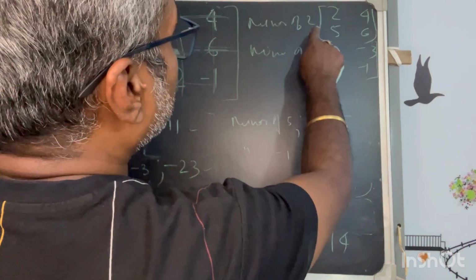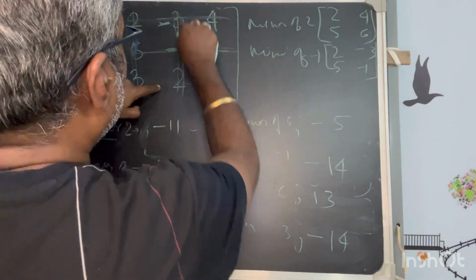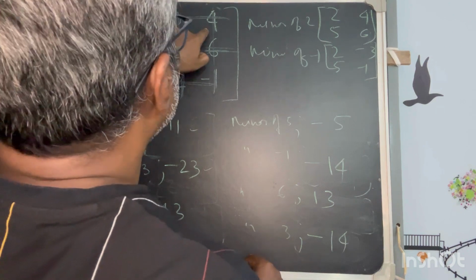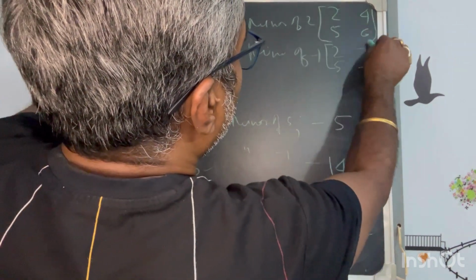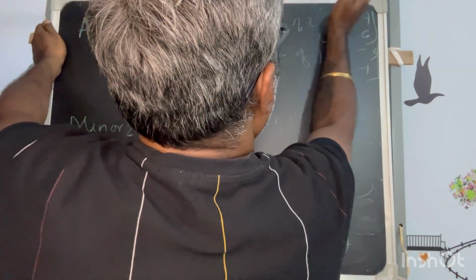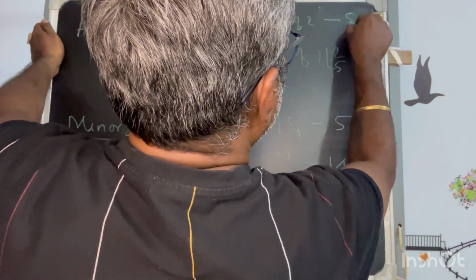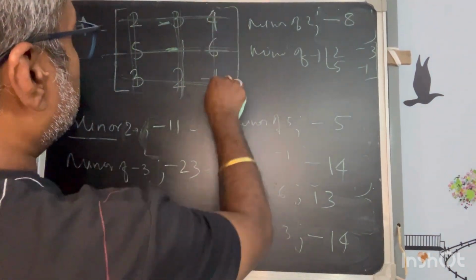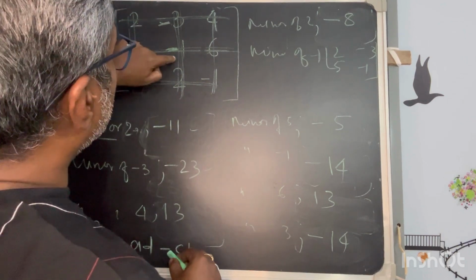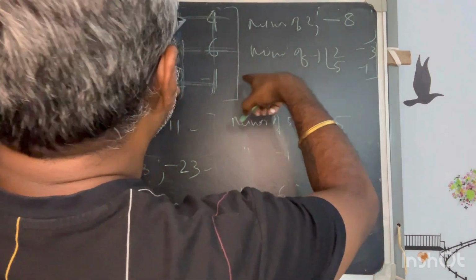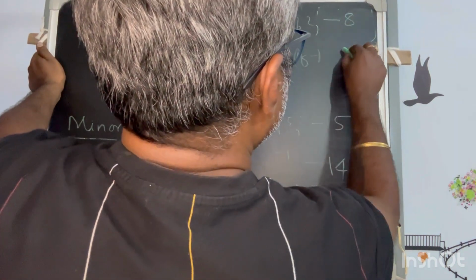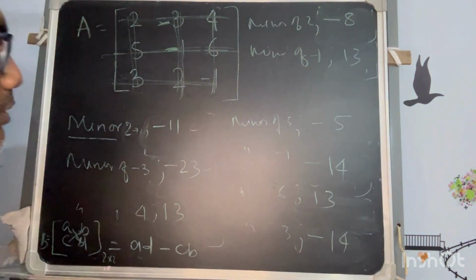And this one 2, this and this, so 12 minus 20, so minus 8, and the last one is minus this and this will be 2 into minus 1 minus 2, and this minus 15 is plus 15, so 13. So all the minors are calculated.